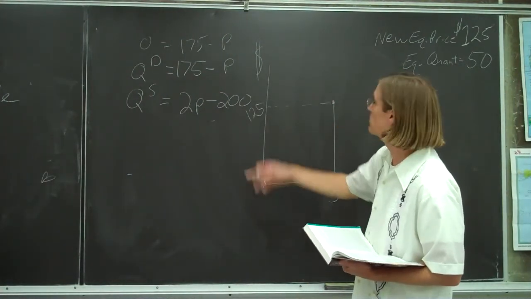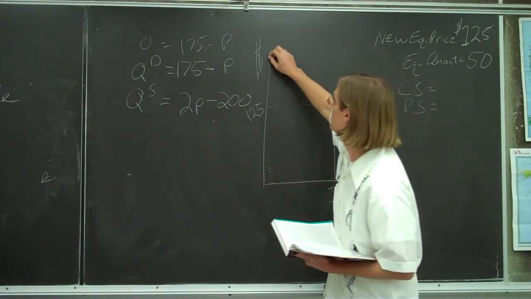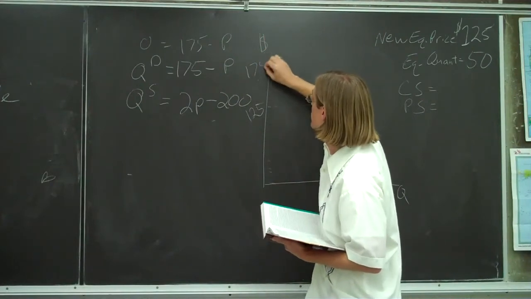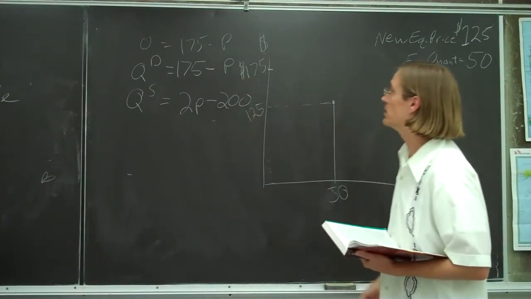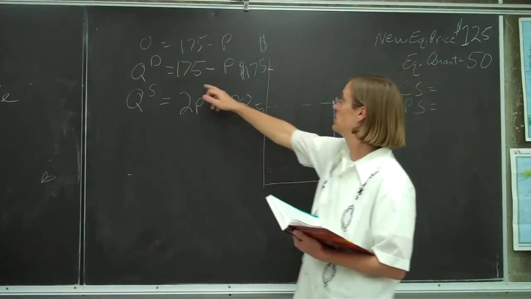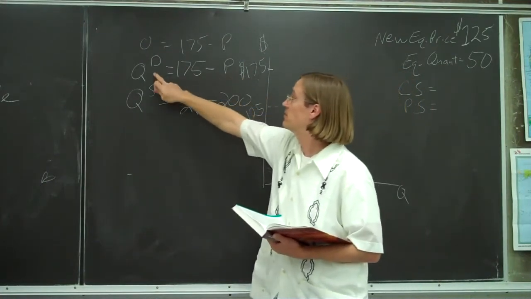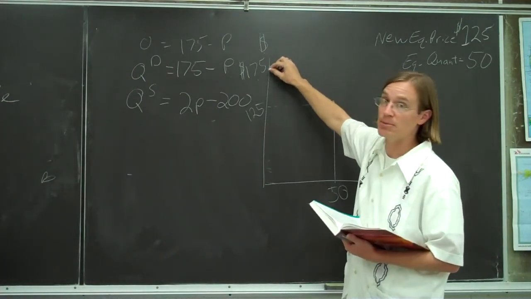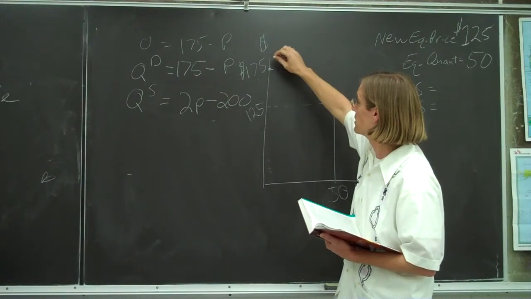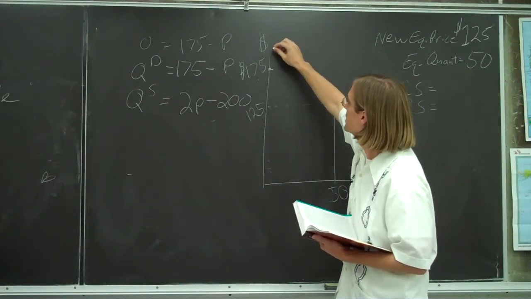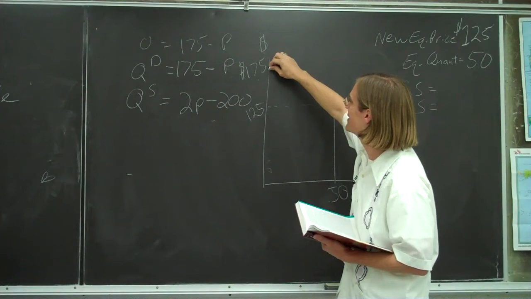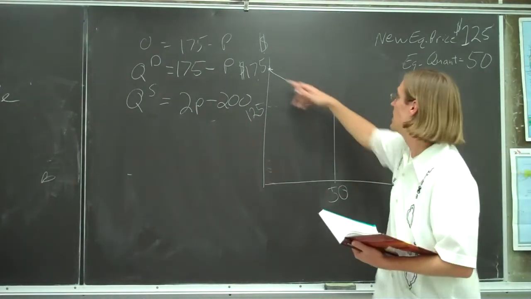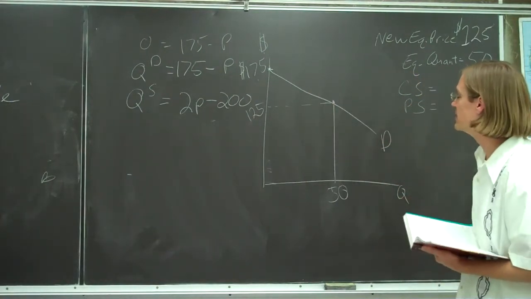And so, fairly straightforward, at a price of $175, nobody is going to demand any units. Right? So 175 minus 175 is going to give us 0. So this is where our demand curve is going to intersect the y-axis. And so there's our demand curve.